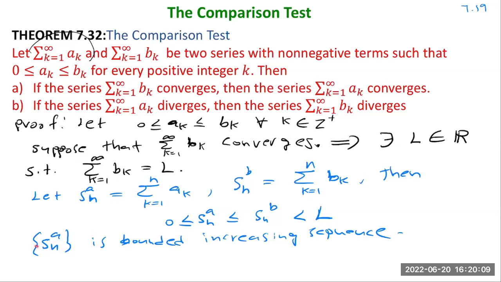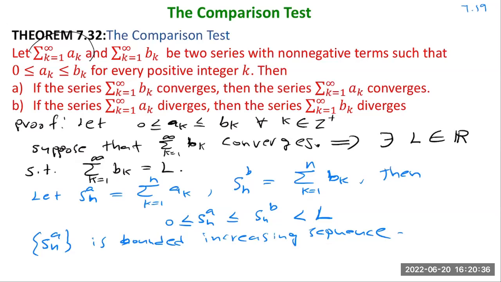When you have the summation of more non-negative terms, the series summation is going to grow larger. So this is clearly an increasing sequence. So what is the conclusion? We have a bounded increasing sequence. That means a bounded monotone sequence, right? If the sequence is increasing, of course, it's a monotone sequence.